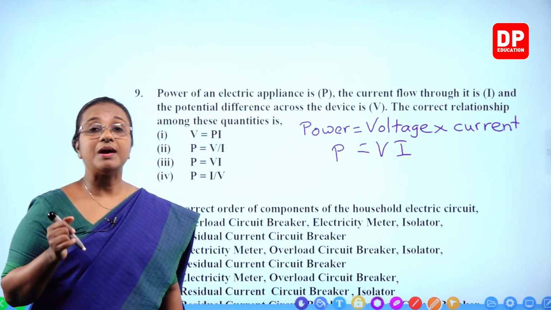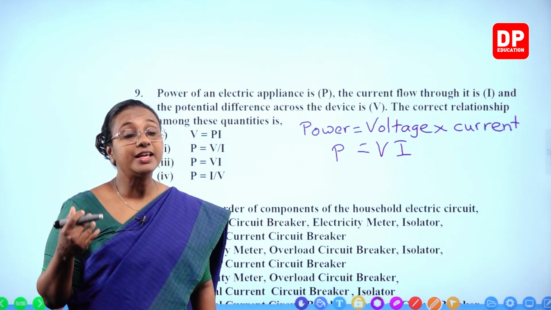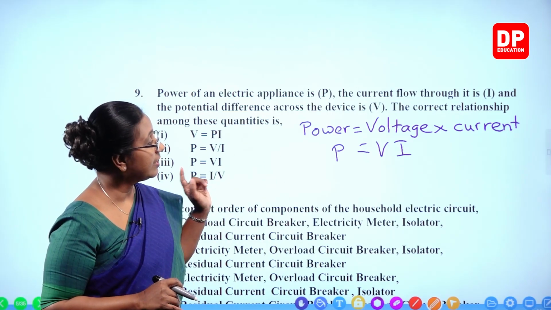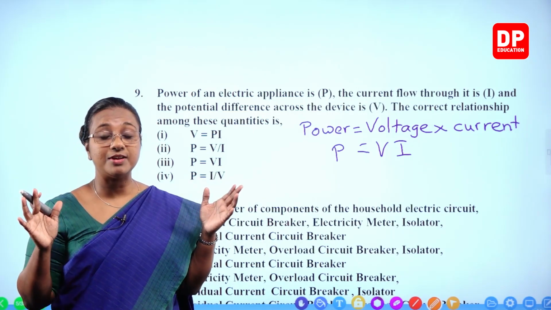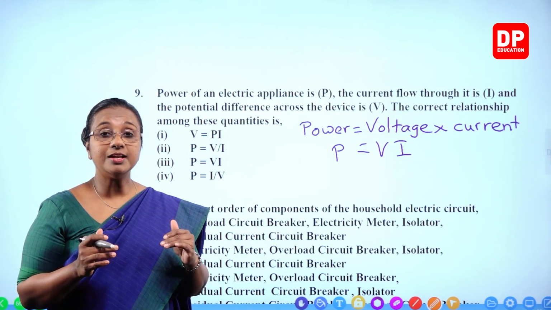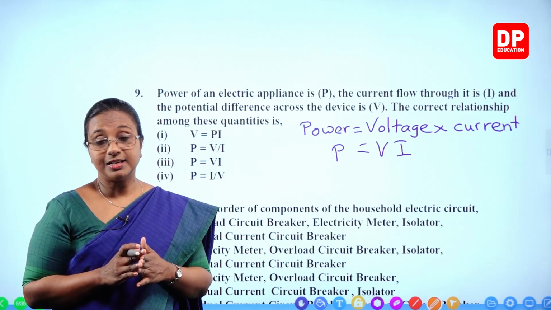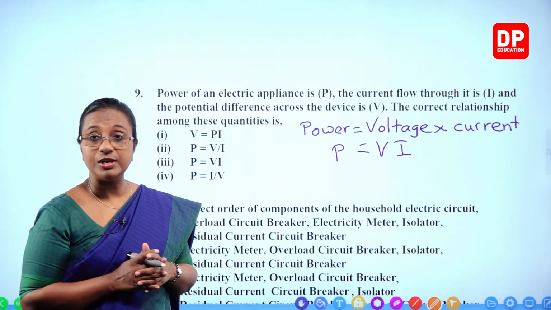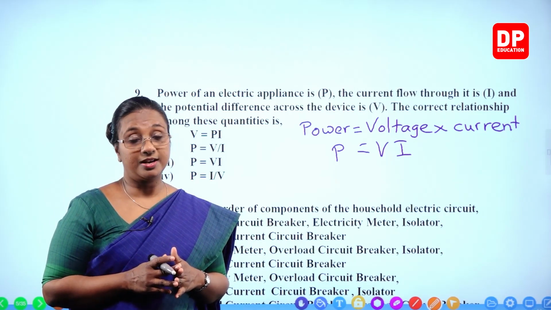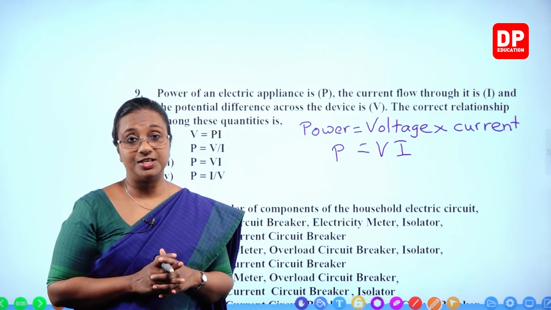Now you all know power is the work done in a unit time, or electric energy consumed in a unit time. And that is given by voltage into current. When you have an electrical appliance working, it will be drawing current and there will be a potential difference across the electrical appliance, and that is the voltage. So power is given by voltage into current. That is the equation you all have used for calculations.